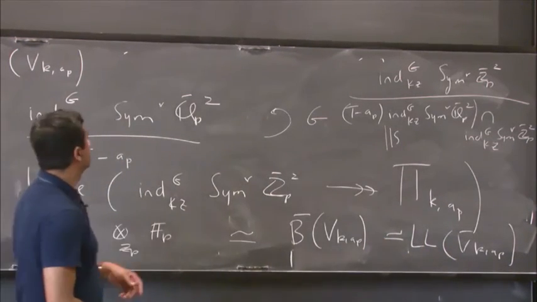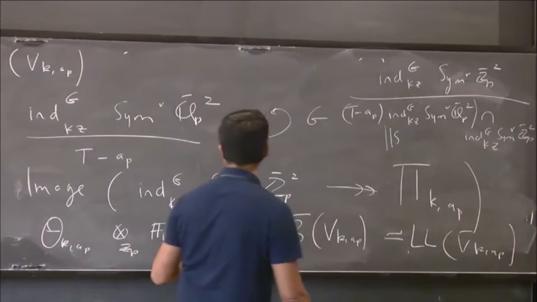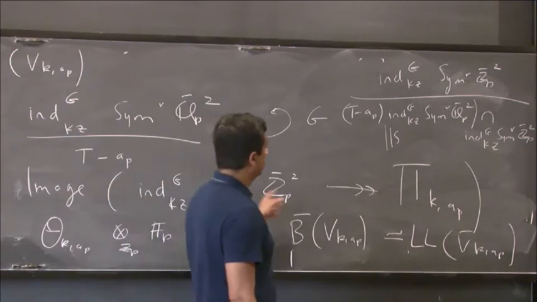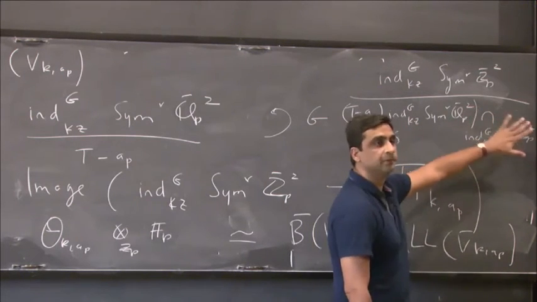This is just the domain of that map, and this is the kernel. You're looking at all things in here which lie in the denominator here, so after you apply T minus ap, it's still integral.